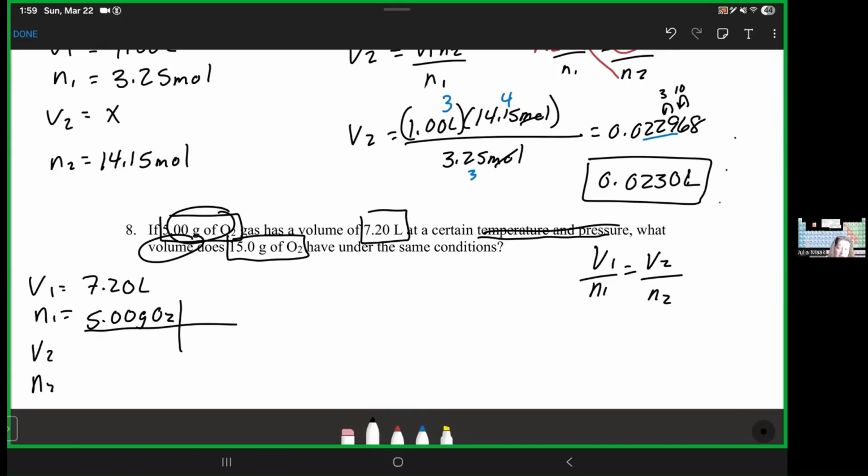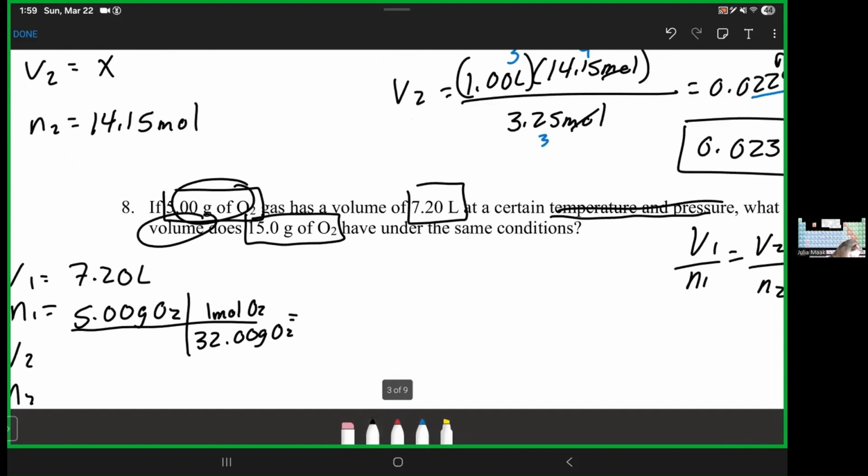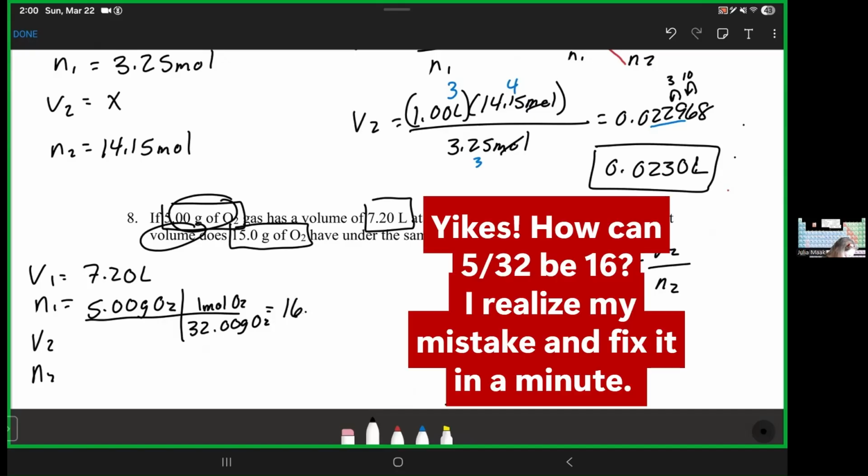And grams to moles is always molar mass. 2 oxygens weighs 32. Okay, and if I do that math, oh, I do have this on here. Okay, I get 16.0 moles because we're at 3 sig figs on that 5.